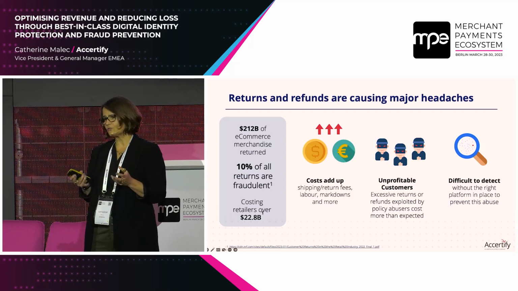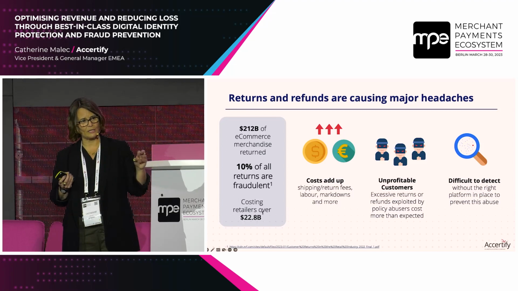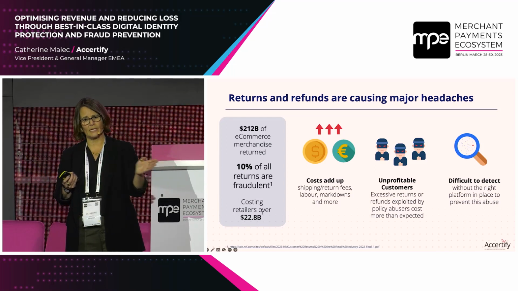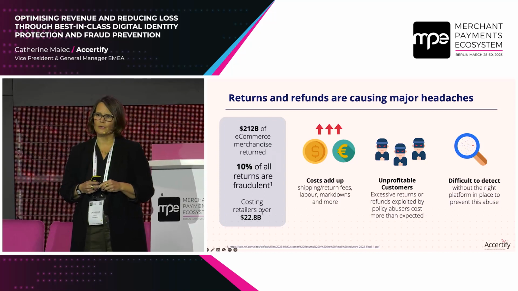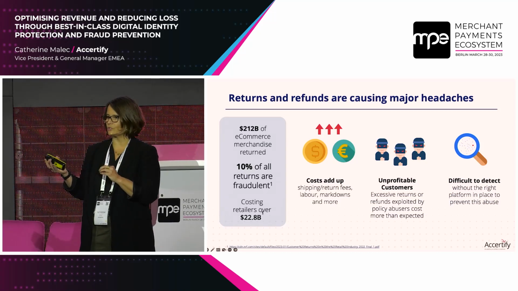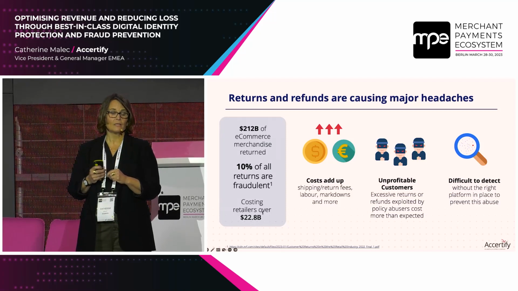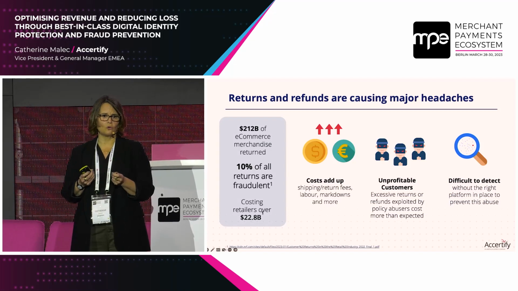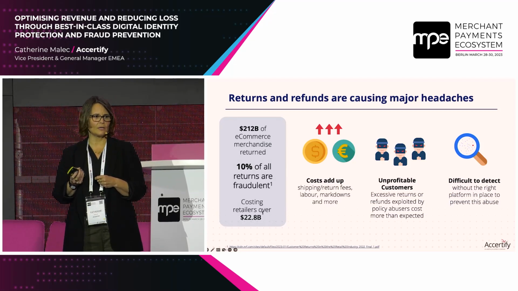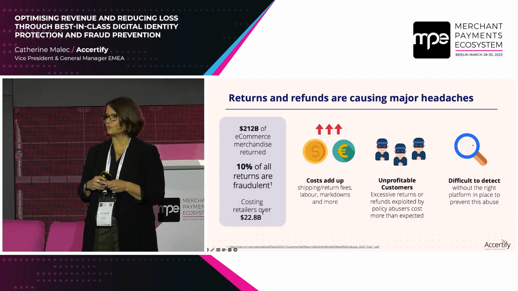So Accertify, using all of the data that we have gathered before at all the different points through that customer journey, from the very beginning all the way through that point of payment, now has a clear view of what your customers look like. And we can work with our merchants now to say to them, based on what we've seen before and what we've seen from their previous behavior, do you want to send an item out to this person? Are they a potential refund and policy abuse person?